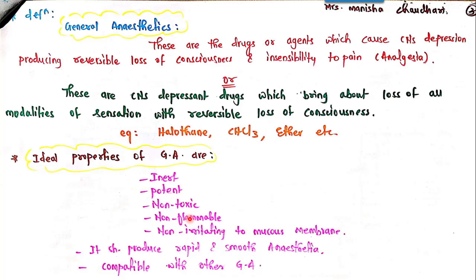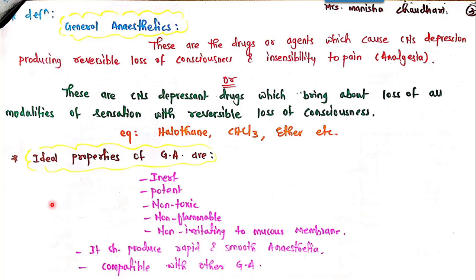For building up the non-flammable feature we can do structural modifications, such as in halothane, where they have substituted higher halogens like fluorine, so it becomes non-flammable. Then it should be non-irritating to the mucous membrane, not causing any irritation.